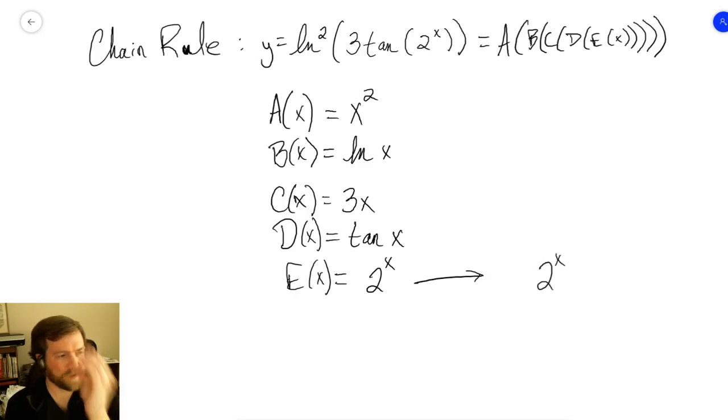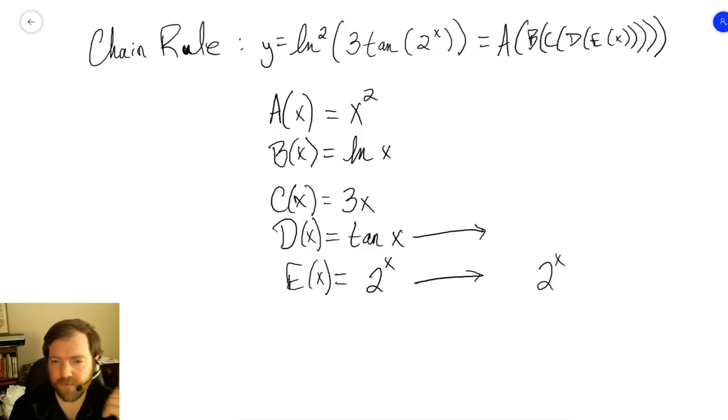This is at the deepest level, it's still 2 to the x. Here, the tangent of x can be rewritten now as the tangent of e.